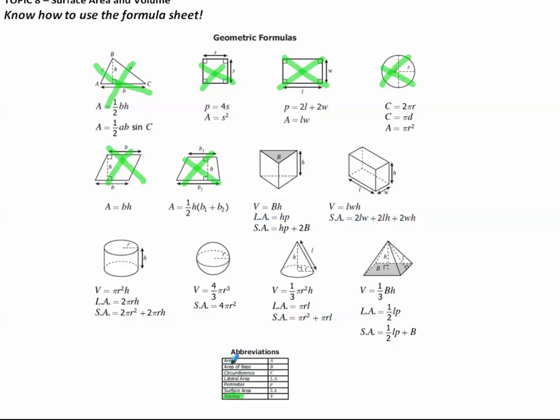Now that covers everything in this table, but there are some things that have not been labeled. Take a second, see if you can find some of these variables that I have not talked about.